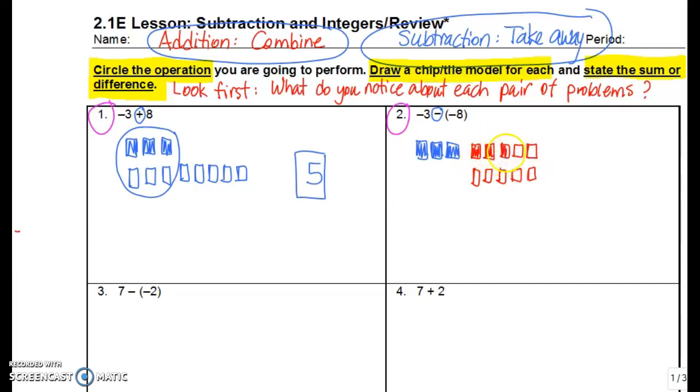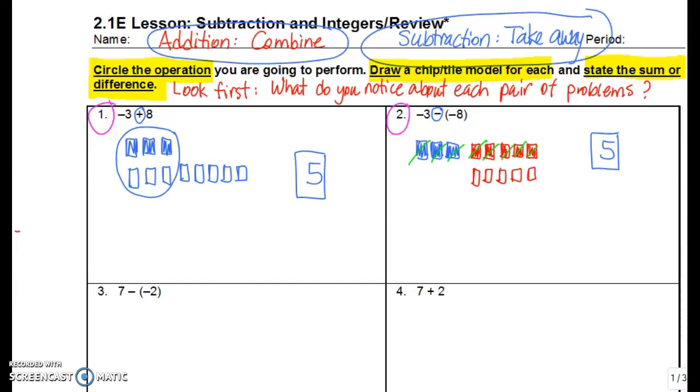So here are my 5 zero pairs, and now you can see I have 1, 2, 3, 4, 5, 6, 7, 8 negative tiles to take away, leaving 5 positive tiles. So the answer is also 5. We get the same answer for number 1 as number 2 because those are equivalent expressions. That's what you're going to be exploring in this lesson.